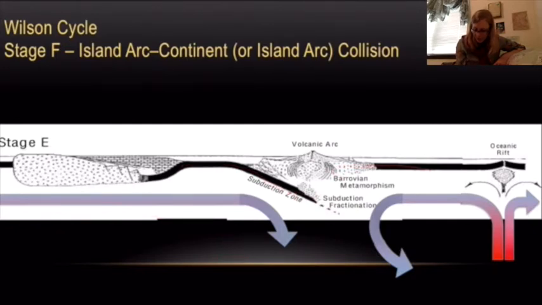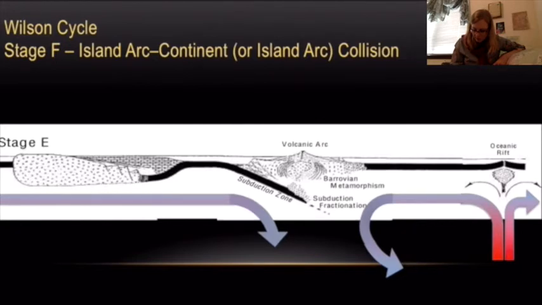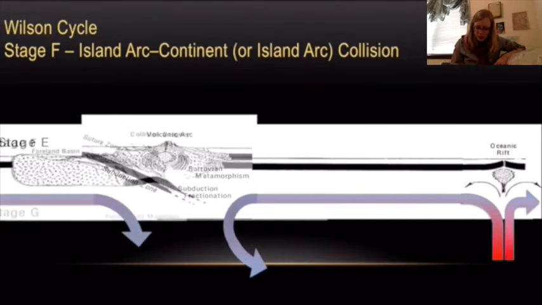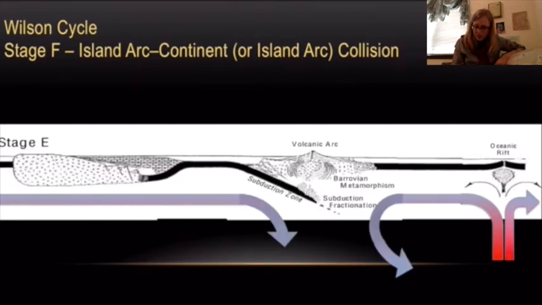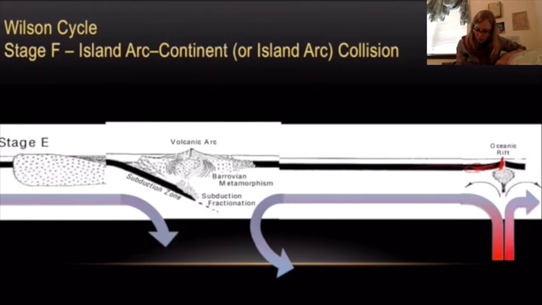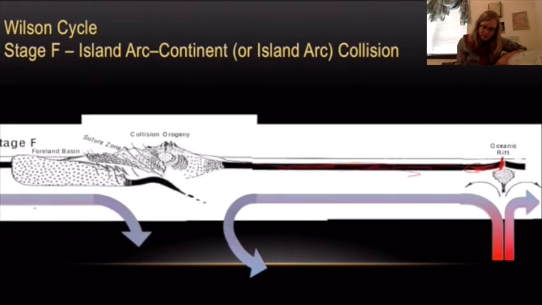We're going to watch what happens in the animation here. All right, so what happened here is the island arc itself is being pushed. We've got new ocean crust being made here, more and more ocean crust being made.